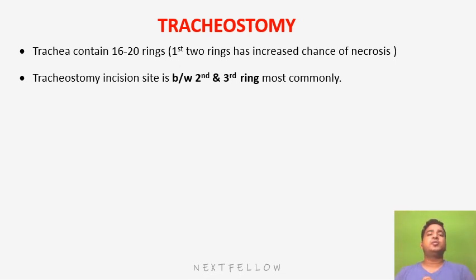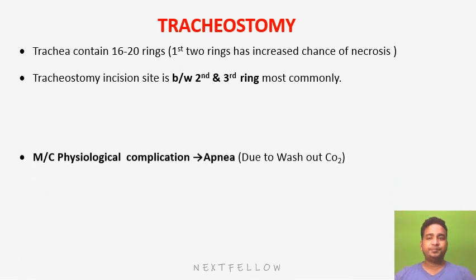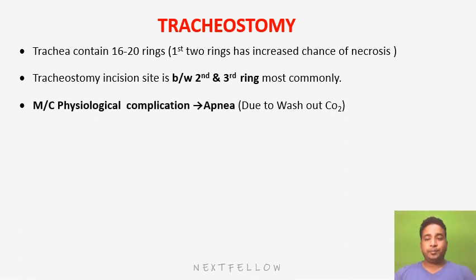If we do it at the second, third or fourth ring, then it is the mid tracheostomy, which is the most commonly performed tracheostomy. If we incise the trachea at the level of the fifth ring or lower, that will be known as low tracheostomy. There are certain indications for high, mid and low. We will discuss them.